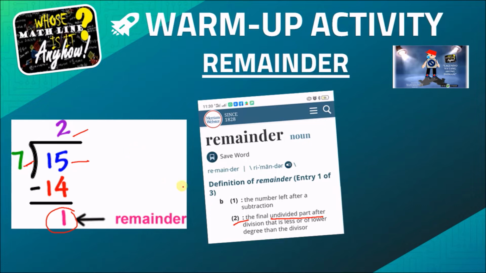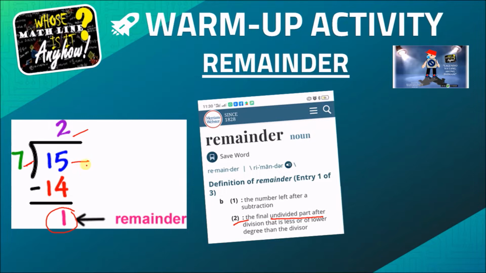So definition, ang remainder ay pwede rin siyang i-consider sa subtraction, which is the left or the difference out of subtraction. We also have the undivided part, na kung saan yung number na yan ay mas maliit kaysa dun sa divisor natin.